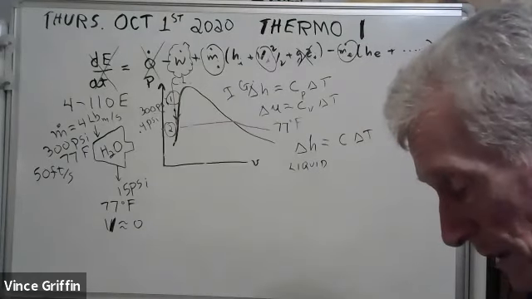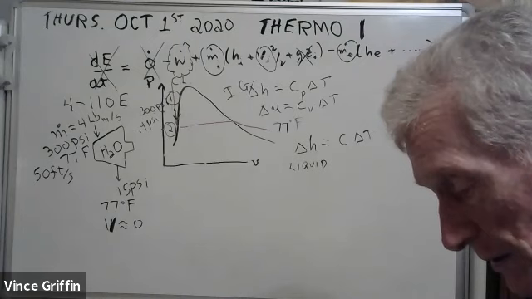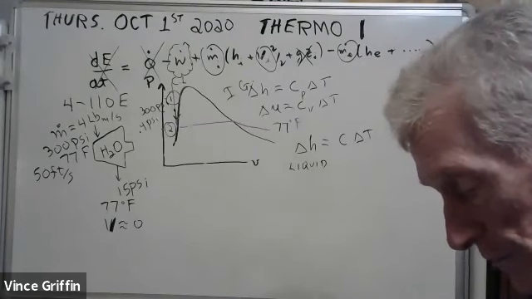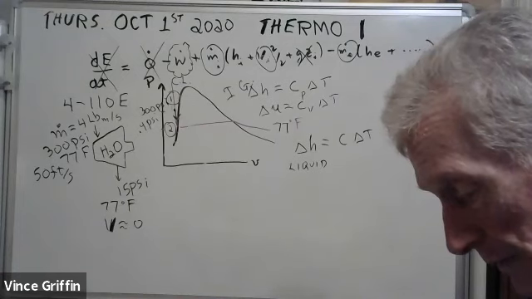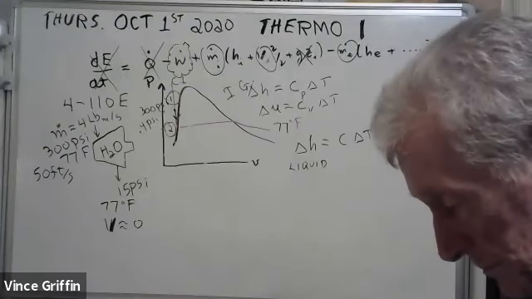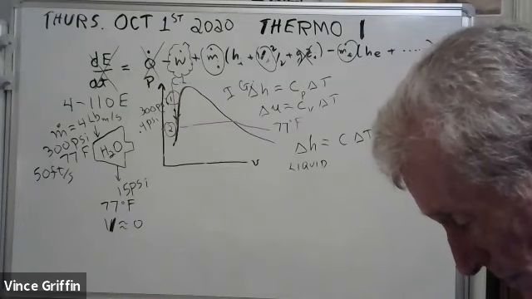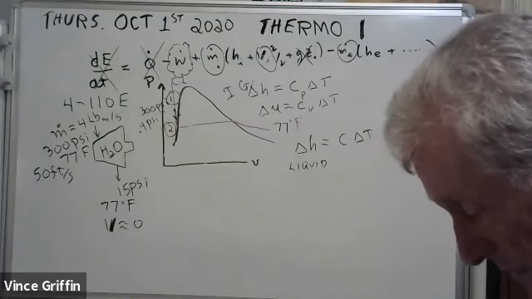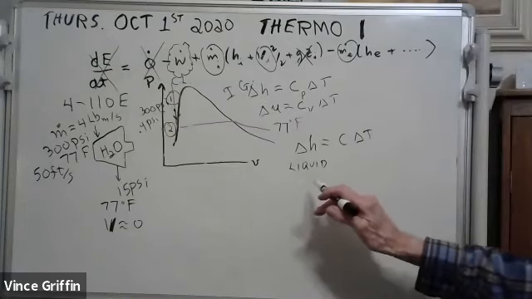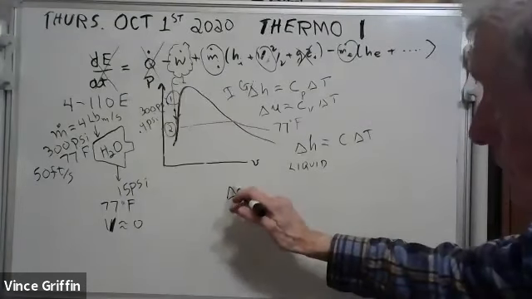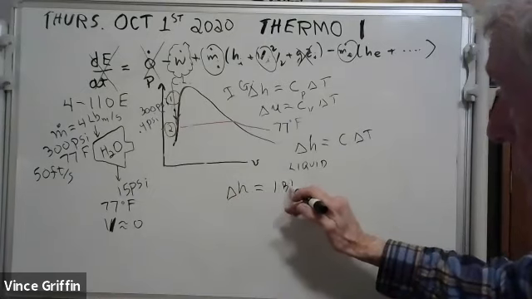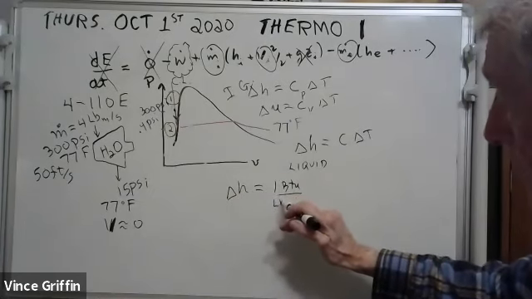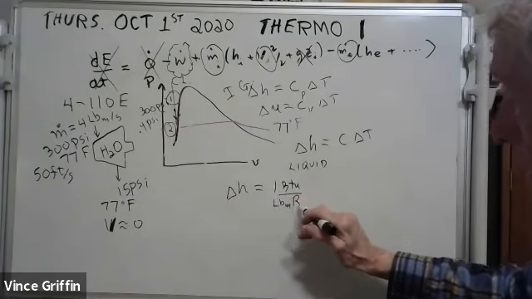It's going to have to be English, senor. We need the specific heat of liquid water. And it is, well, I think I've told you that. I told you this. It's 1 BTU per pound mass per degree Rankine.